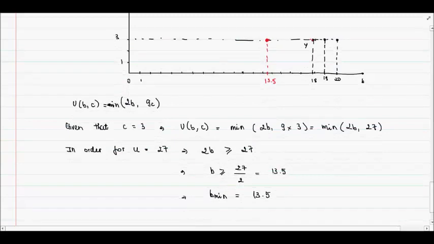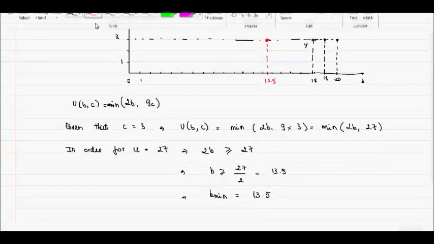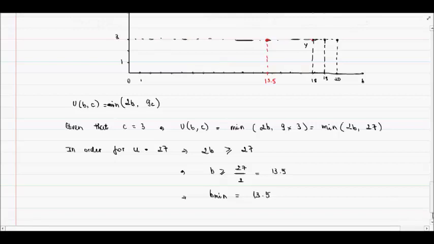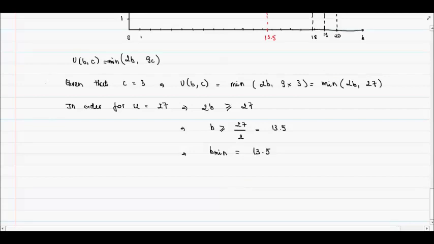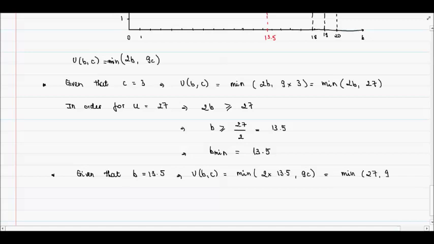Okay, and so now we know that if we keep the level of B at 13.5, given that B equals 13.5, then the utility of B and C is equal to the minimum between 2 times 13.5 and 9C, which is the minimum between 27 and 9C.